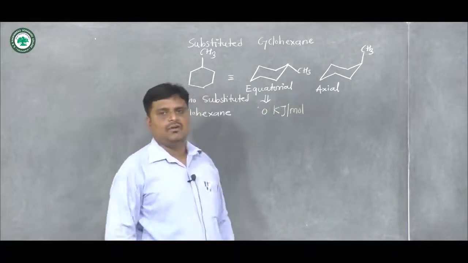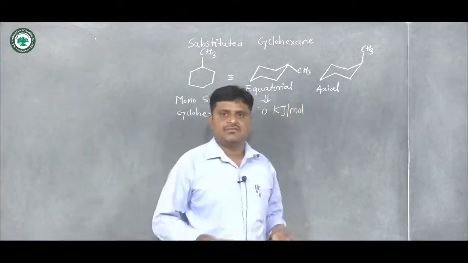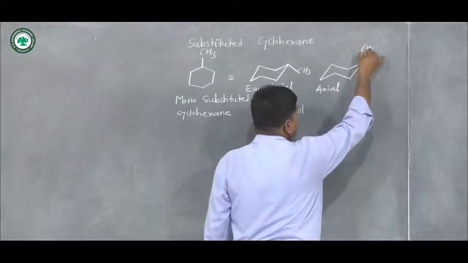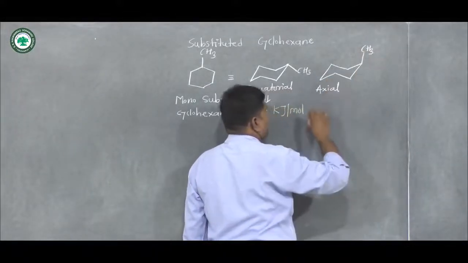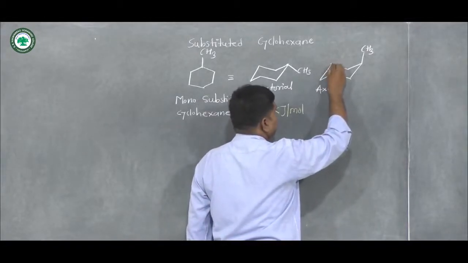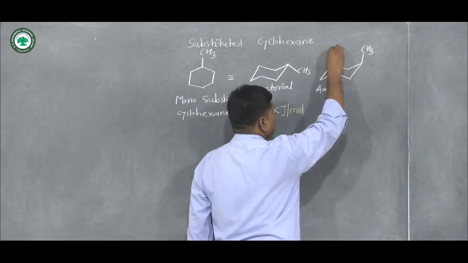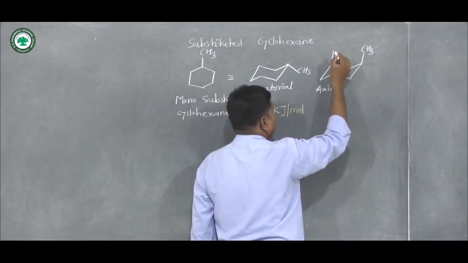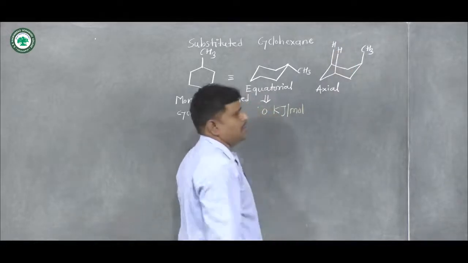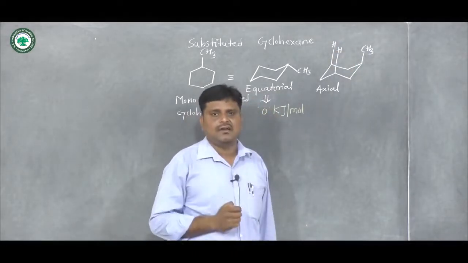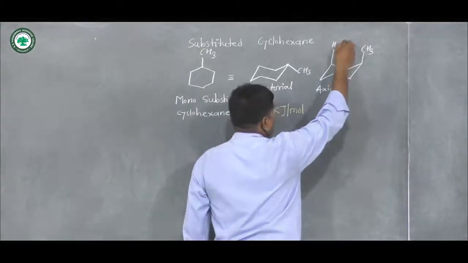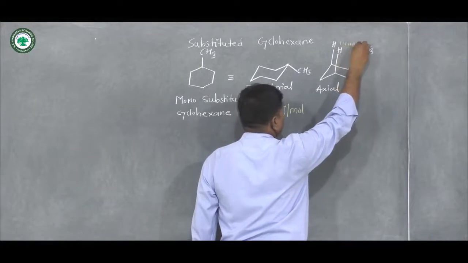Now we go for the axial substituent. In the axial substituent, the methyl group is present at the axial position, and it will interact with the axial protons or hydrogens at carbon number 3, the third carbon atom. That interaction we show like this.